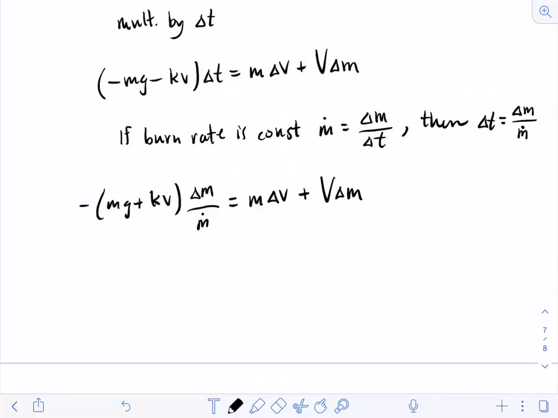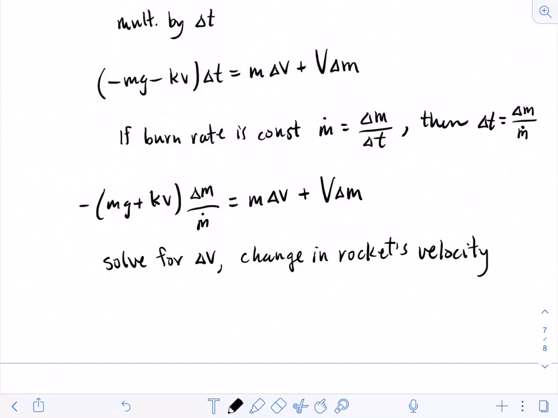Okay, so what I want to do is solve for delta v. This is going to be the change in the rocket's velocity due to a change in mass delta m.